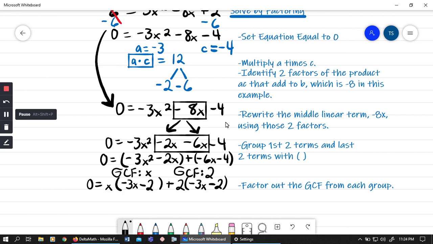So again, you should notice that we do have the same factor that shows up there, and we've also got the GCFs. We're going to write out our two factors. One of the factors comes directly from the GCFs, x and 2. The other factor is that same factor that we've got right here, negative 3x minus 2.